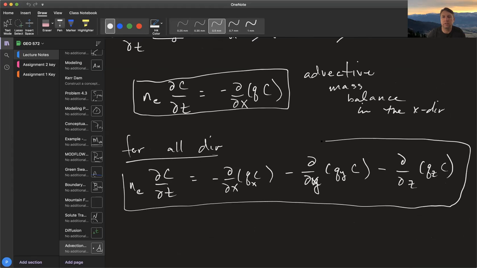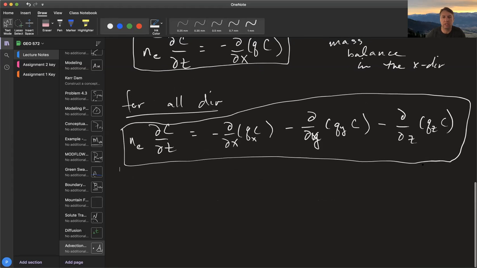And what it says is that the change in concentration with time is a function of the gradient, or the divergence, of the flux field. Okay, let's focus back in and consider flow in one direction.